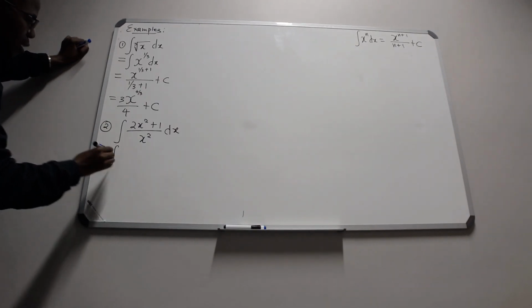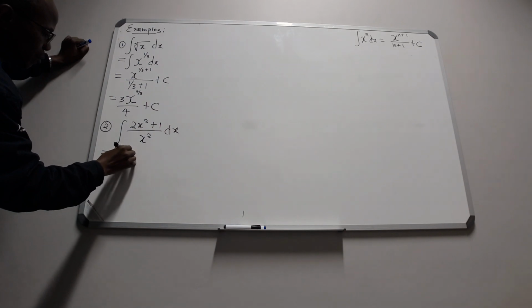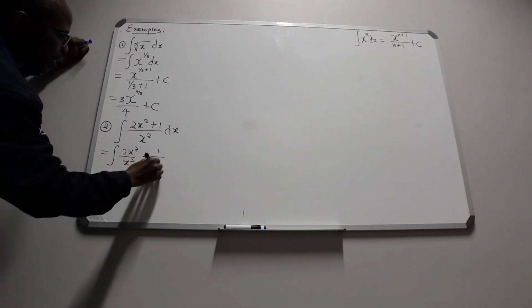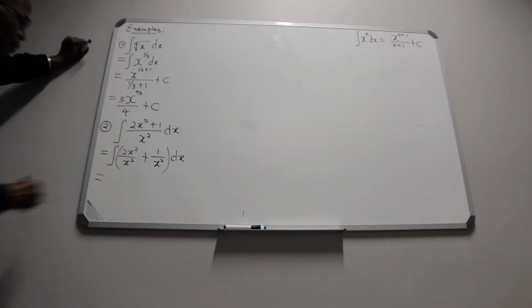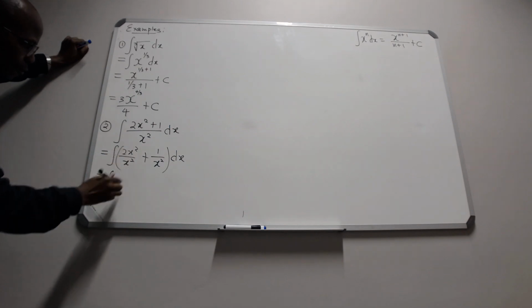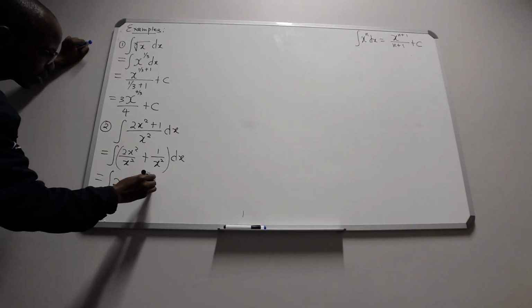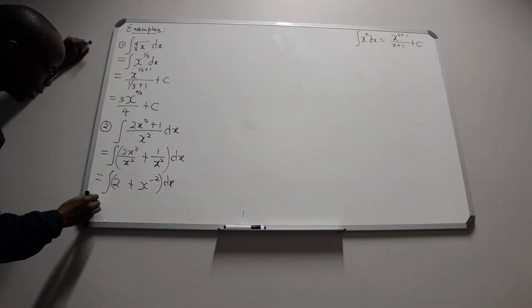This is equal to the integral of 2x squared over x squared plus 1 over x squared dx, which is the integral of 2 plus x to the minus 2 dx.